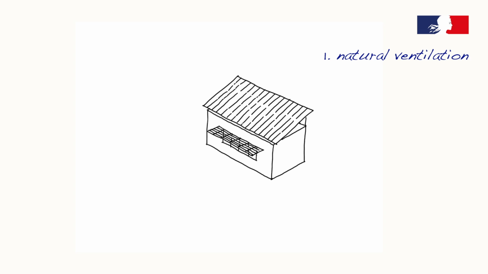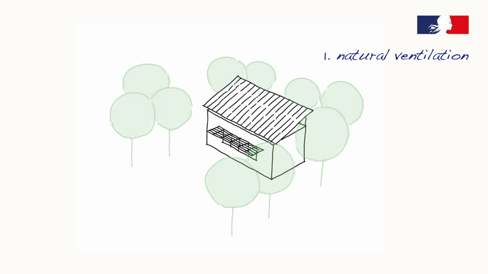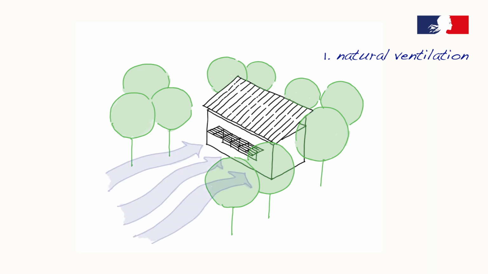We call this passive design, which is free and more environmentally friendly. First, we need to create cool surroundings by keeping the existing trees and planting more big trees. Then we should allow the breeze to bring cooler outdoor air into our building. This is called natural ventilation.